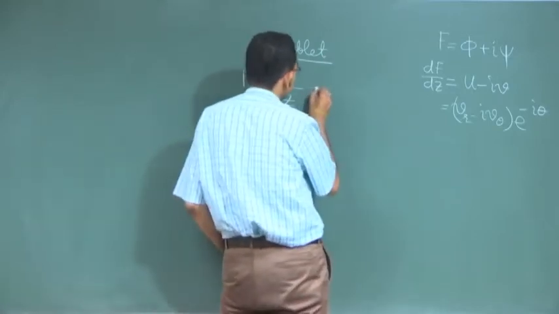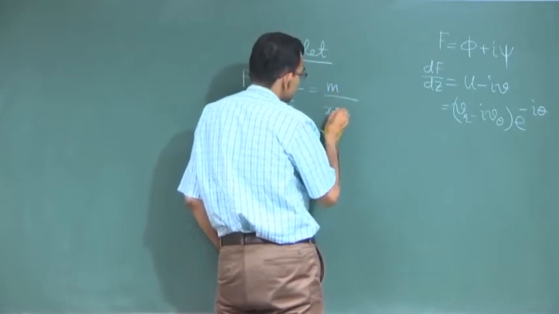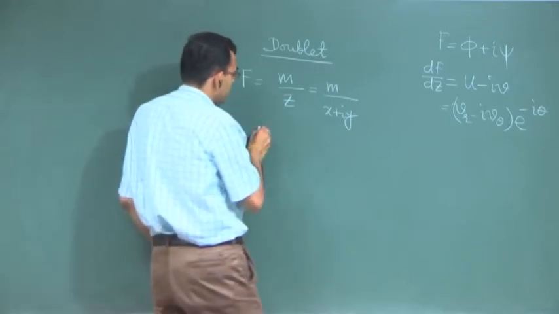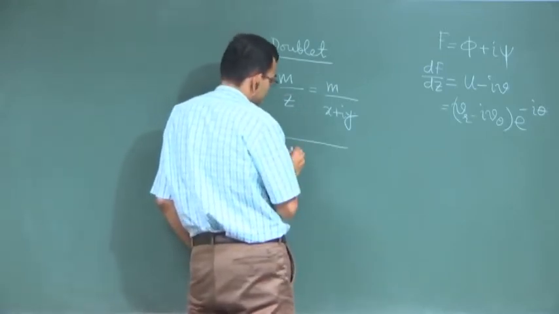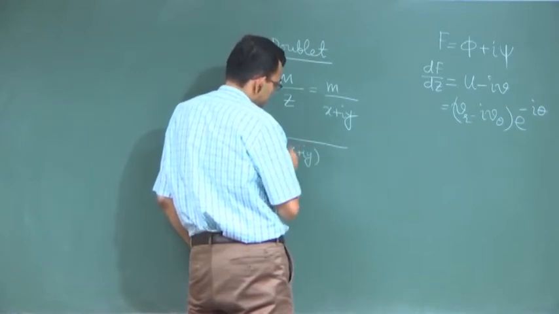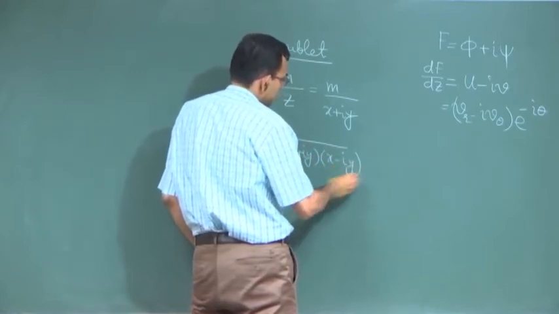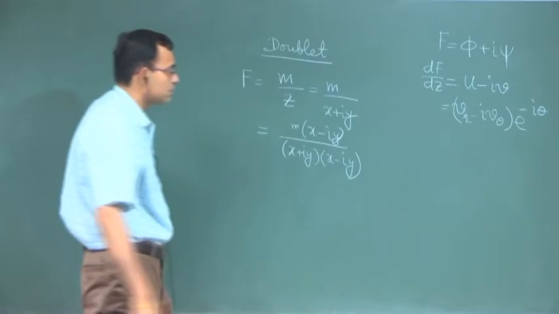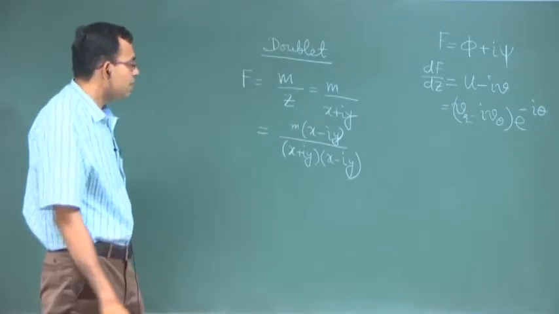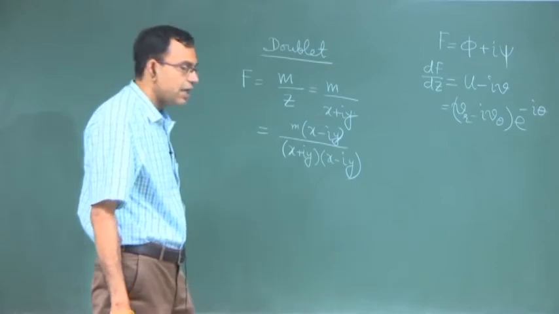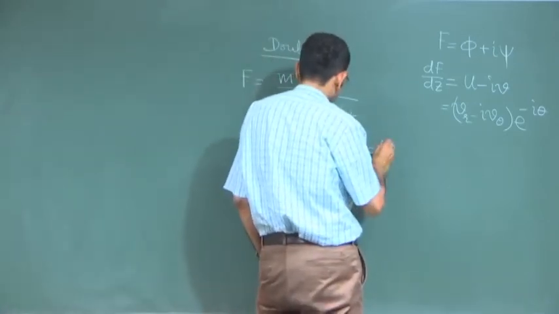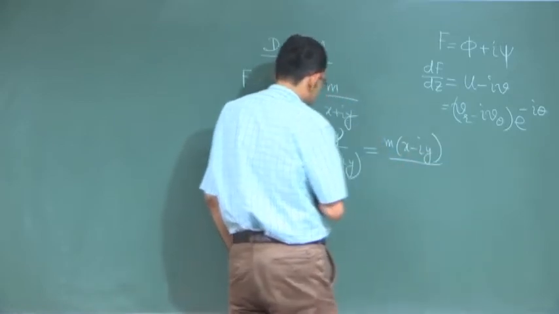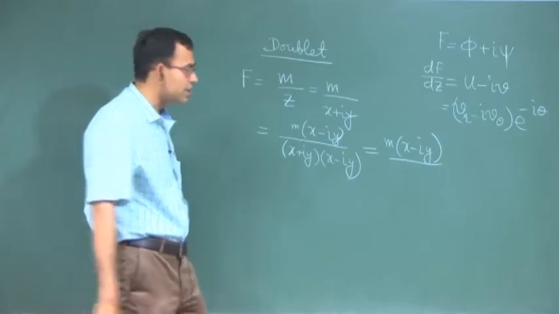So, we write, so to make the denominator real, we multiply both numerator and denominator by x minus i y. So, this becomes m into (x minus i y), this is x square minus i square y square, and i square is minus 1.